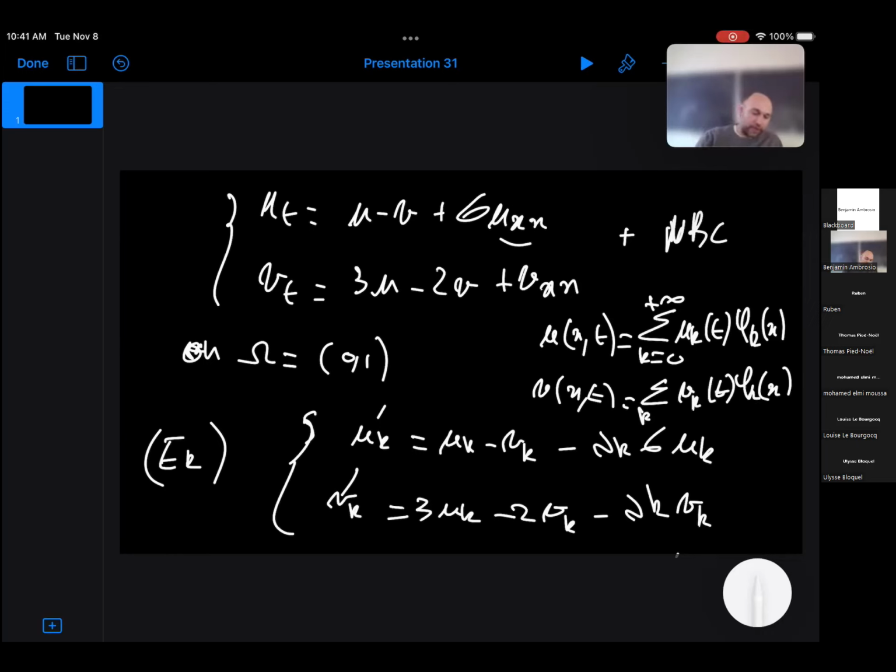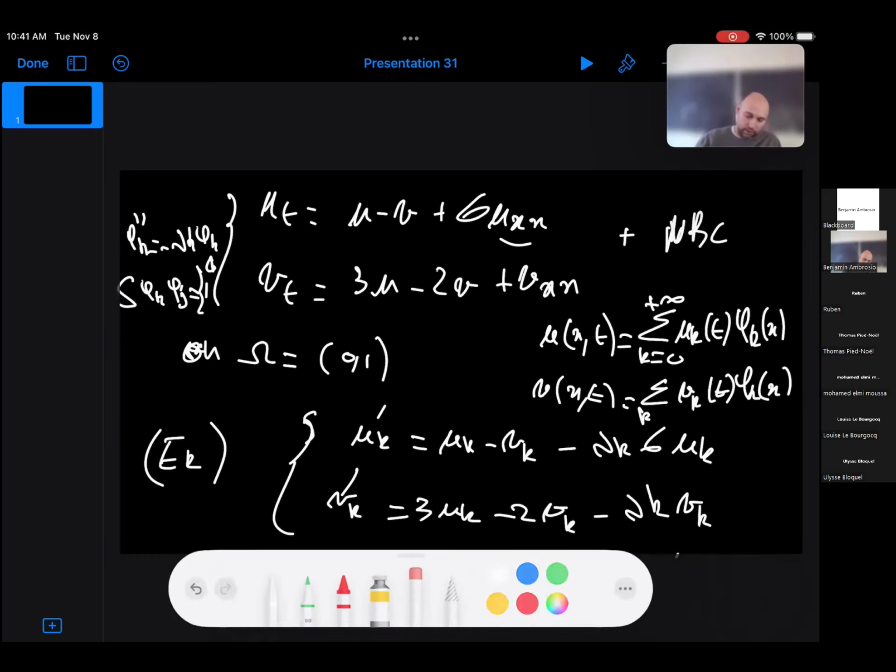U_K(t) v_K(x). And the same thing for V. And v_k satisfies that v_k double prime, the derivative with respect to x, equals minus lambda k v_k.